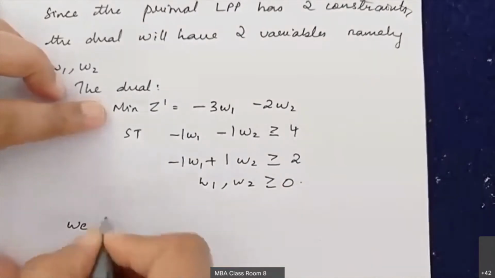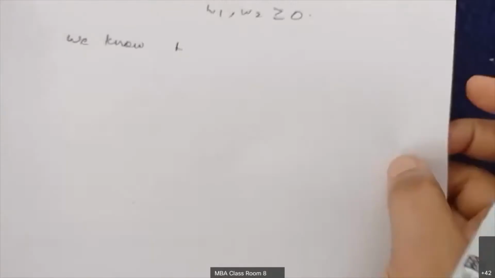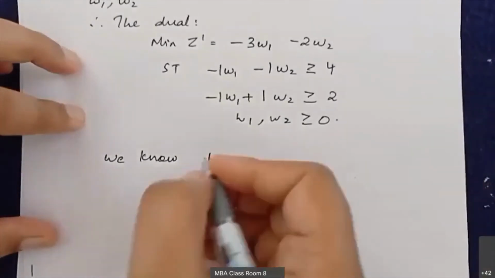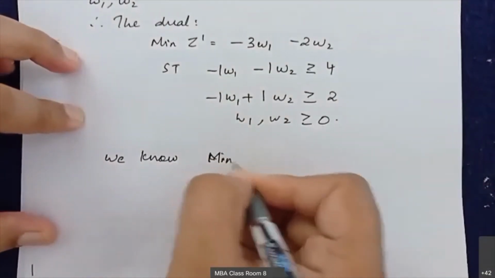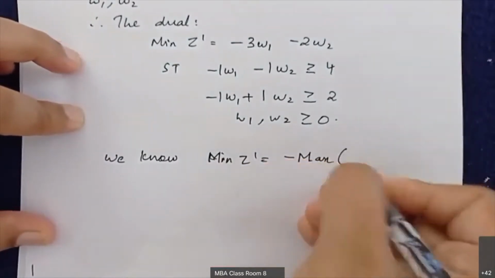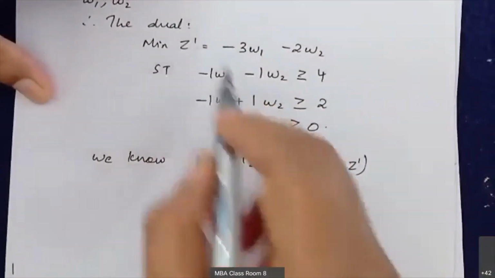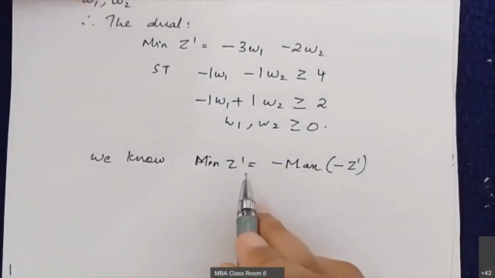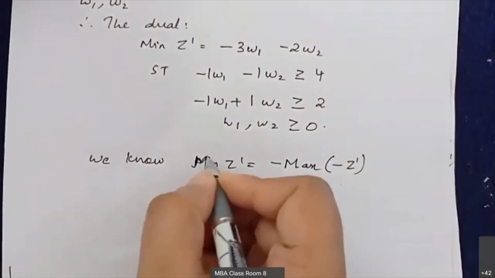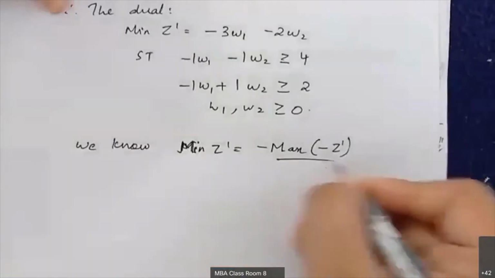So we know minimization of z' is equal to minus of max of minus z'. Here it is z', so that is why I have taken z' here. The dual we always represent with a dash. So now I'm taking only this much.